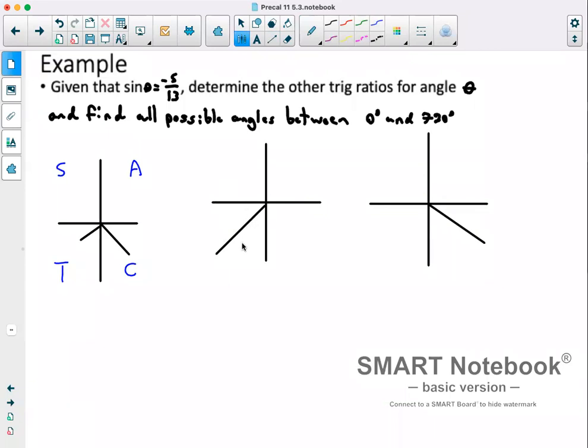So first thing we'll do is solve for a reference angle. To get a reference angle, we will use our sine theta is equal to -5 over 13. When getting our reference angle, we don't need to use a negative. So we've got theta is equal to sine inverse of 5 over 13.